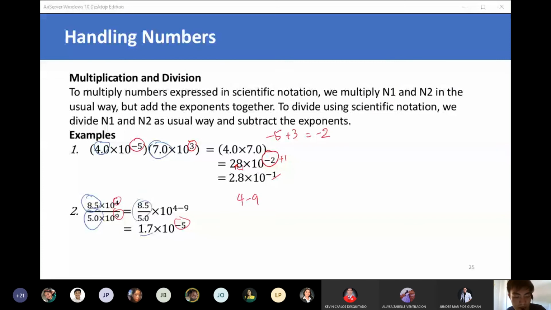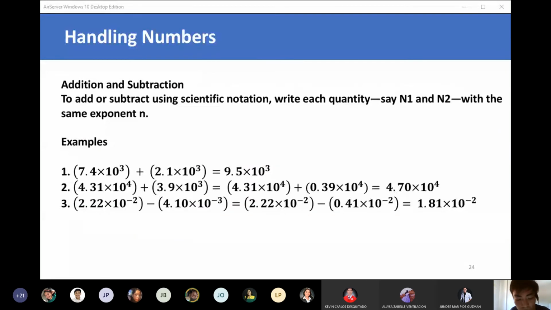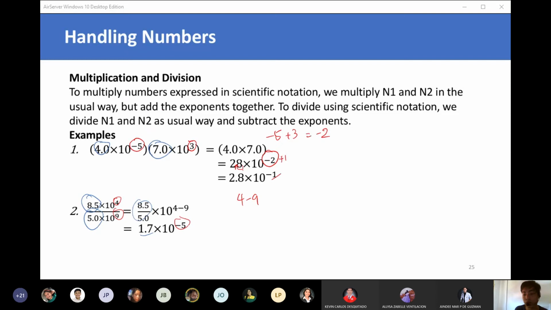So, to summarize, addition and subtraction requires you to have the same exponent. You can do that by adjusting your decimal point to the left or to the right. Then you can add the integer part or the number part.